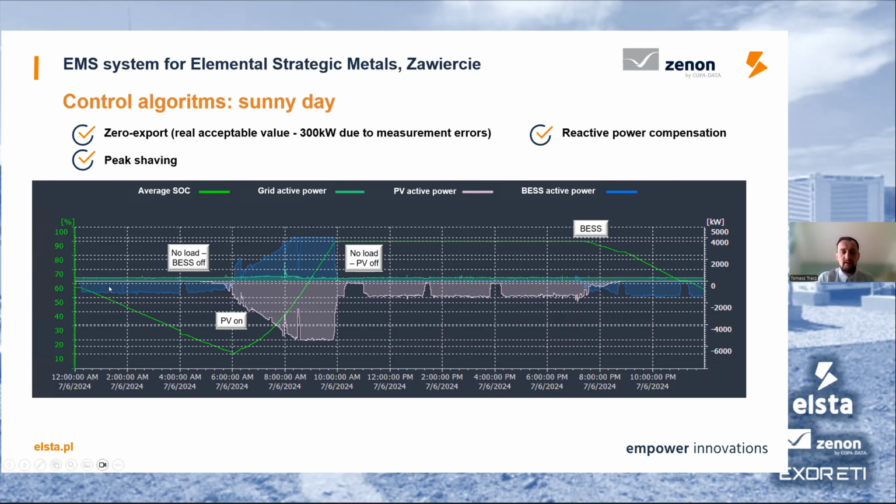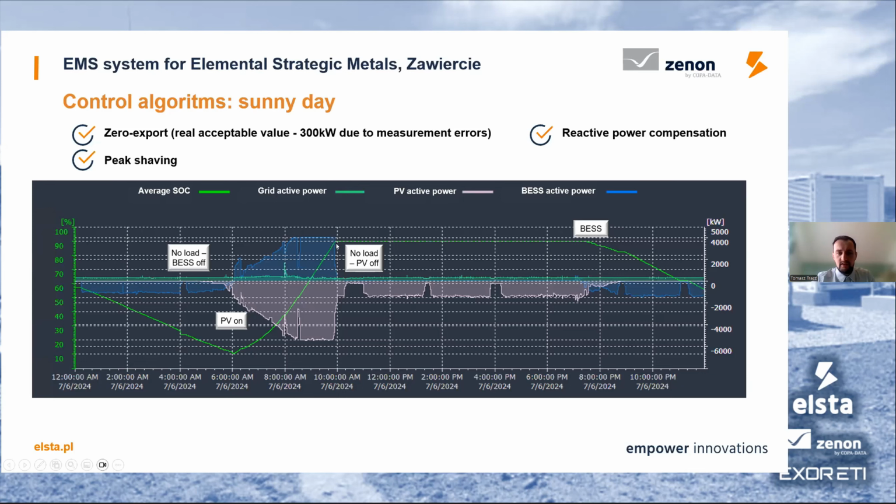Then we can see that during the night, because it starts on midnight, during the night, energy storage takes over the whole load. In the morning, this energy storage is being charged by the, let's say, overflow from PV, and the PV is taking over to take care of the side load.